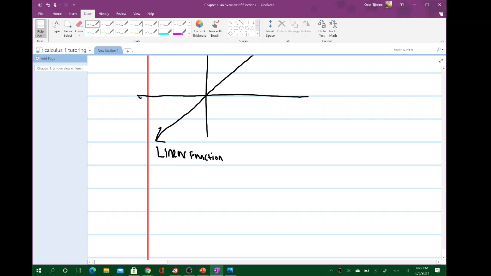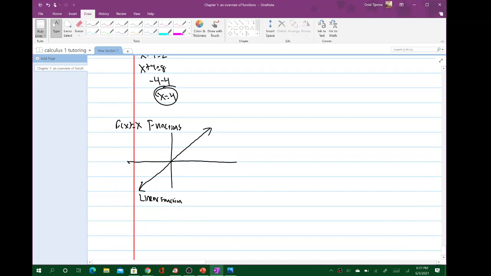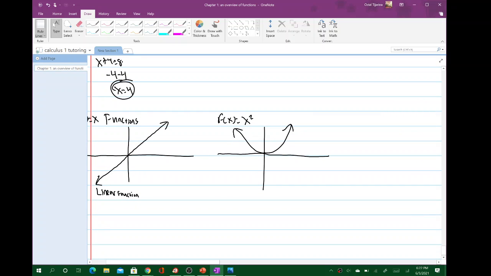And this is all review. So, and then we have f of x equals x squared. This is the parabola function, the quadratic function, right?